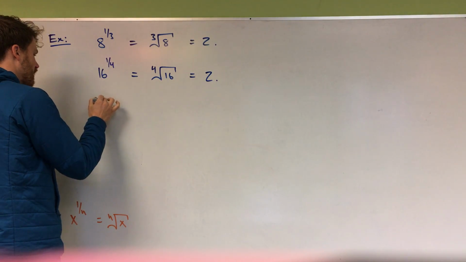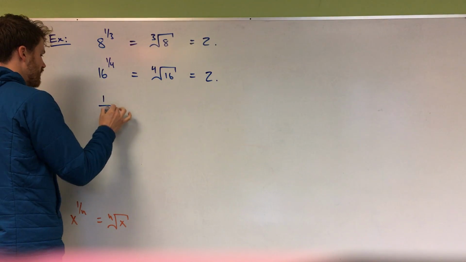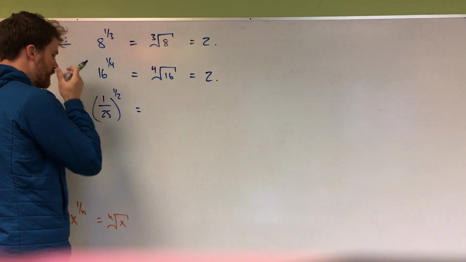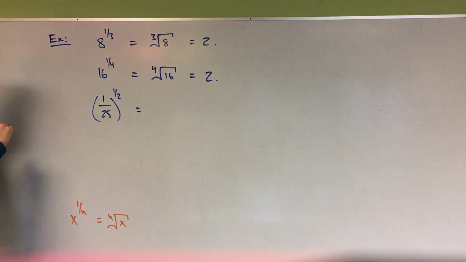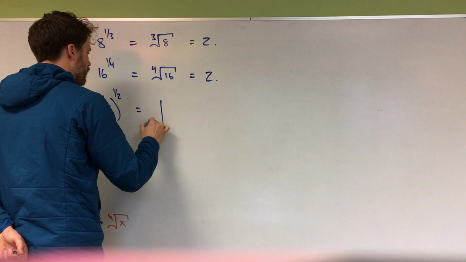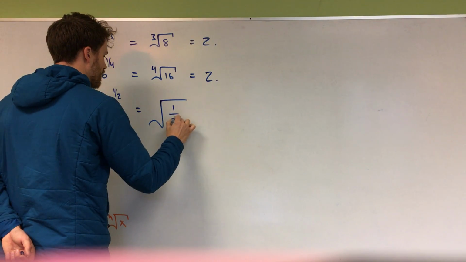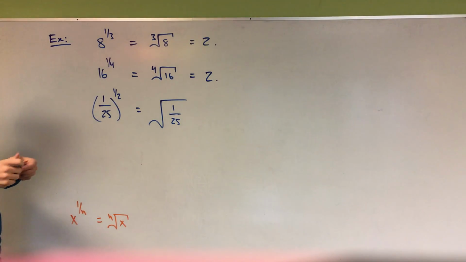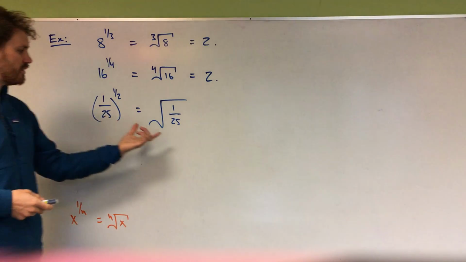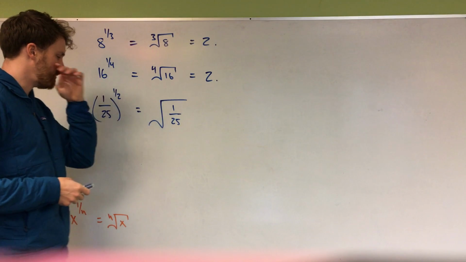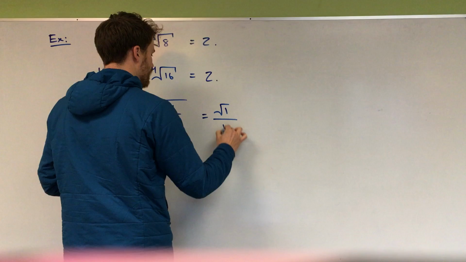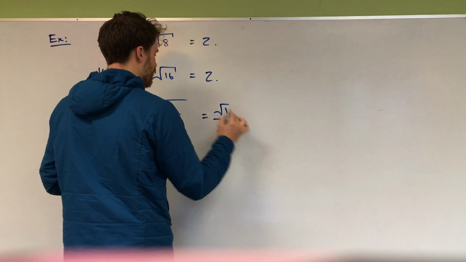If I see 1/25, all to the 1/2 power, I don't necessarily think 1/25 to the 1/2. I think the square root of 1/25. Now, that may be confusing, but one of the properties of radicals that we'll talk about, and maybe you've seen in your homework, is that this is just the same as the square root of 1 divided by the square root of 25.